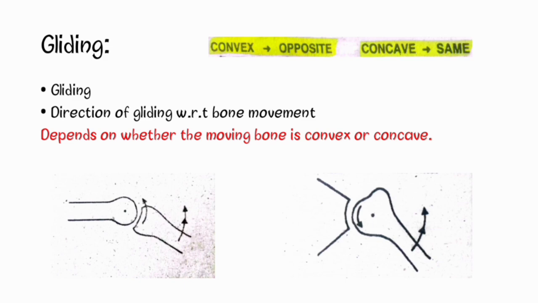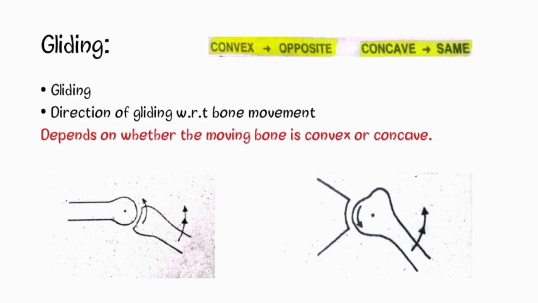The direction of the gliding component of the joint roll gliding associated with a particular bone movement depends on whether a concave or a convex articular surface is moving. As shown in diagram number 1, if the concave surface moves, joint gliding and bone movements are in the same direction.